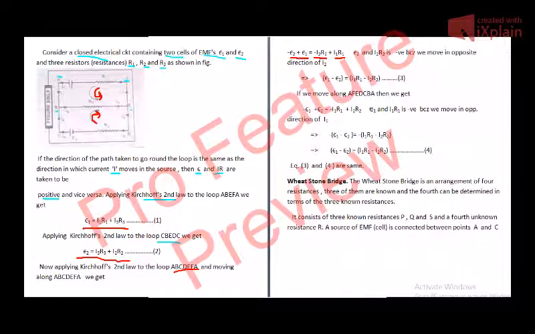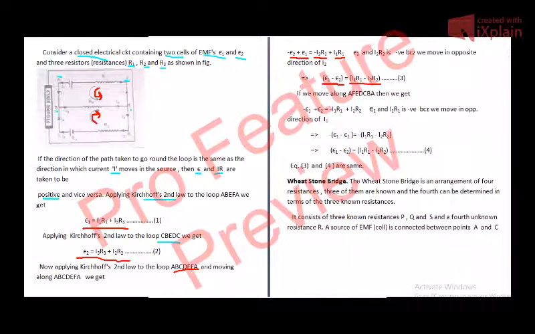E2 and I2 R2 are negative because we move in the opposite direction of I2. This implies E1 minus E2 is equal to I1 R1 minus I2 R2.